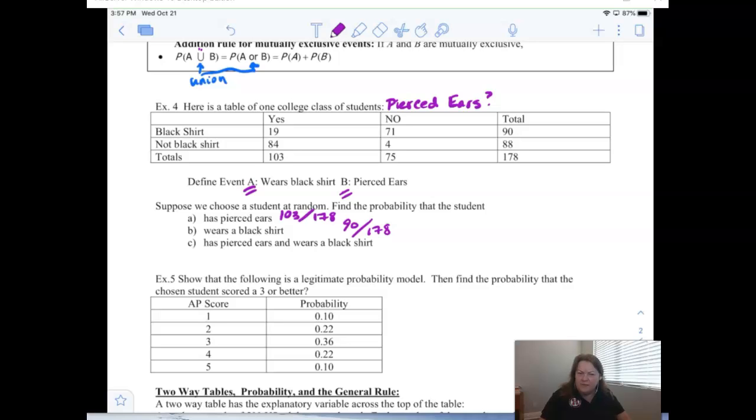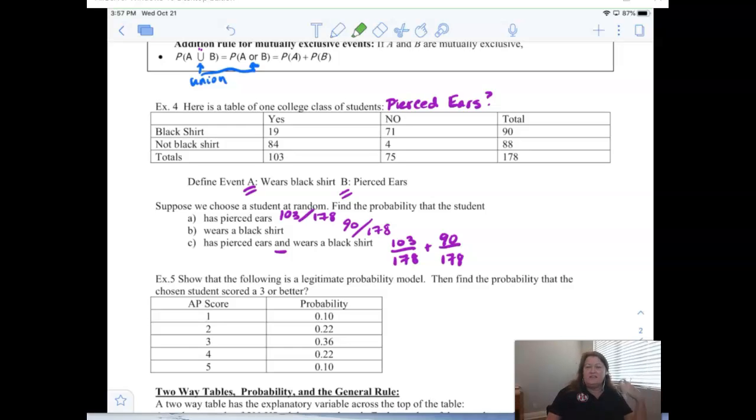Okay, this should look a little bit familiar, like conditional and marginal probabilities. And then C is has pierced ears and wears a black shirt. So if I wanted to take both of those, I could say it's 103 out of 178 plus 90 over 178. But I want you to consider that these are actually people that you would ask to stand up.